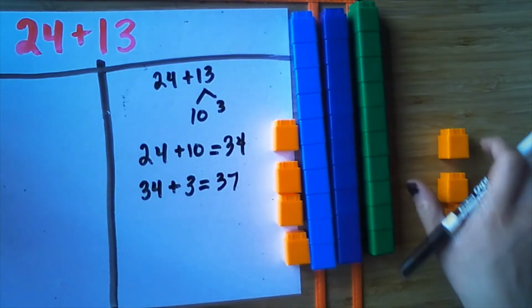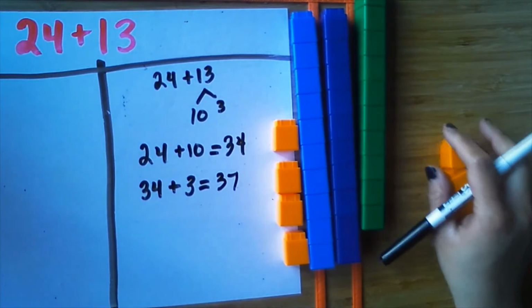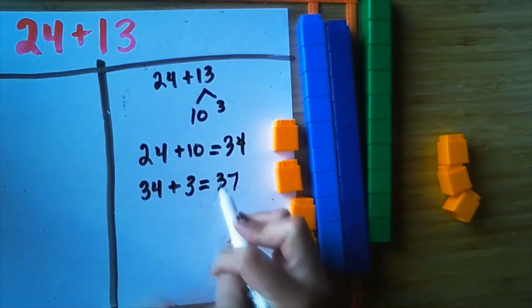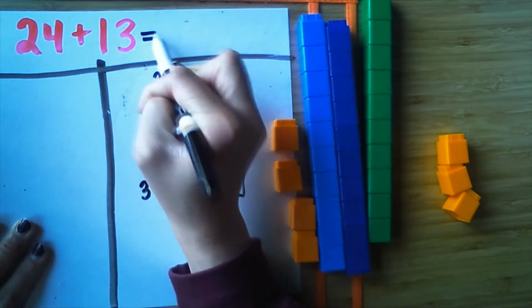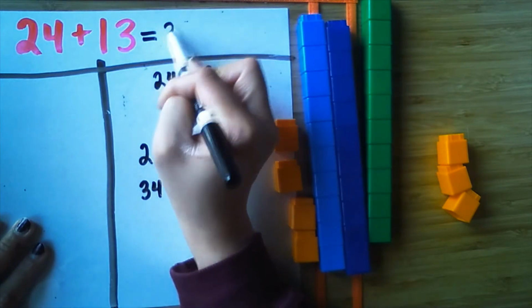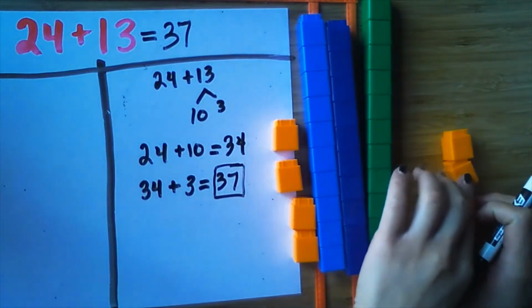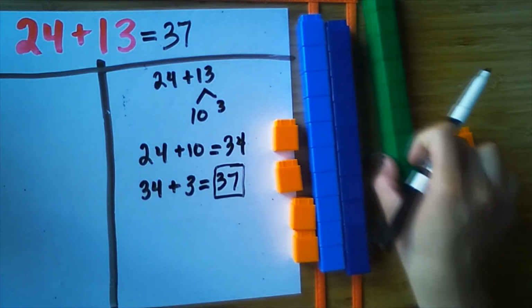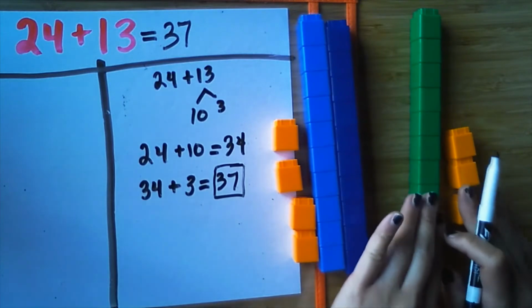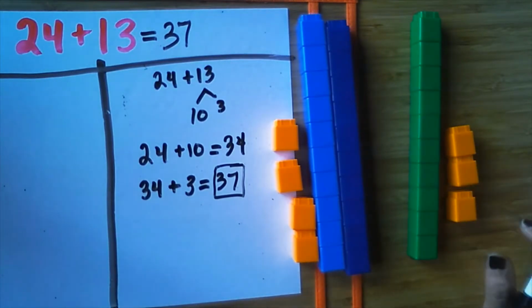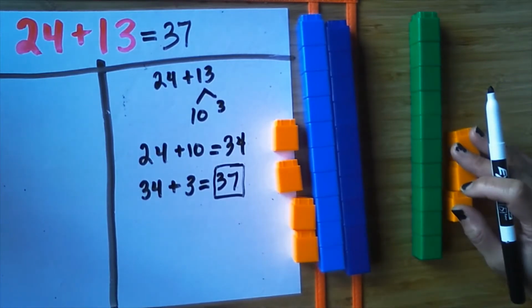So our whole, or our total, and our solution is 37. Let's go ahead and write it in. 24 plus 13 equals 37. My friends, what did we do first? We added the 10 from the 13. So we broke apart 13 into 10 and 3, or 1 ten and 3 ones.